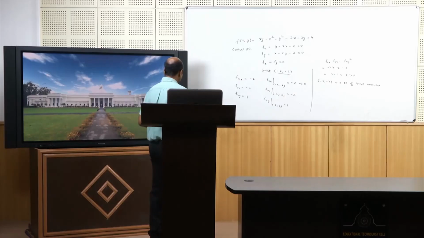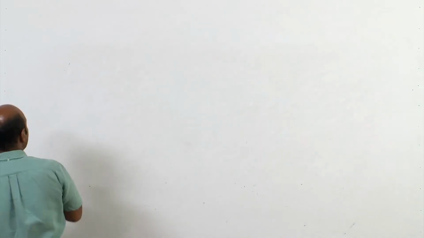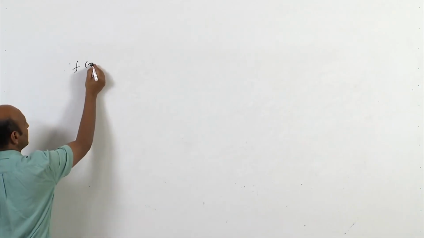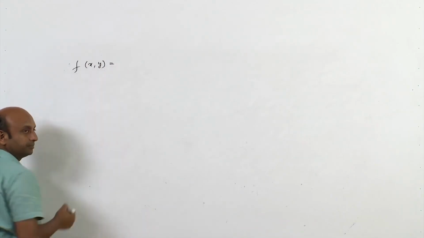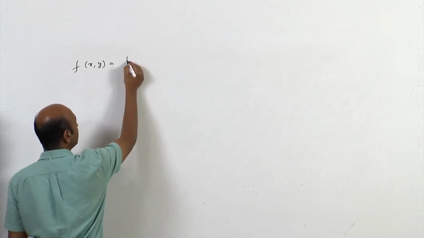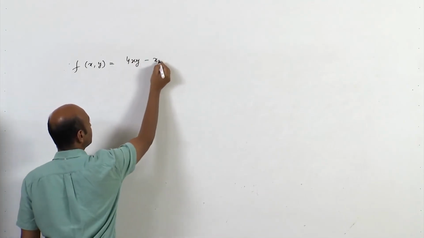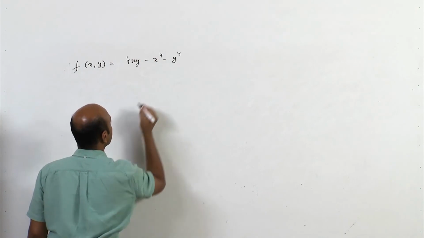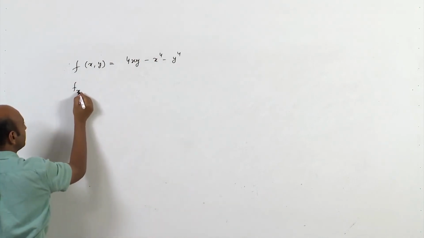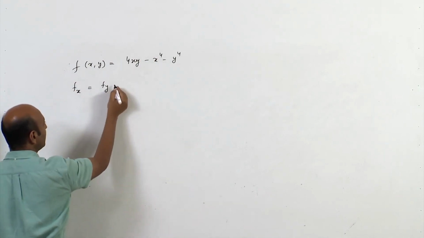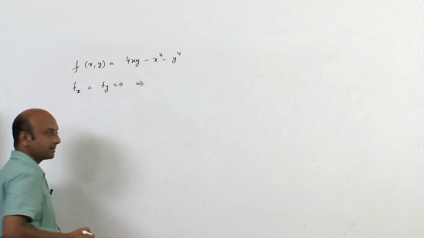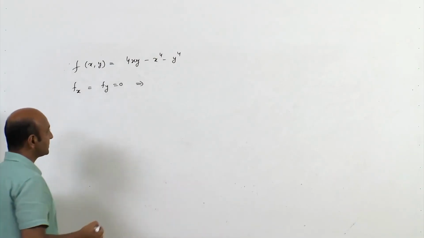Now let us try to solve the second problem. The second problem is f(x,y) equal to 4xy minus x raised to power 4 minus y raised to power 4. For critical points fx equal to fy equal to 0. So first you find fx.